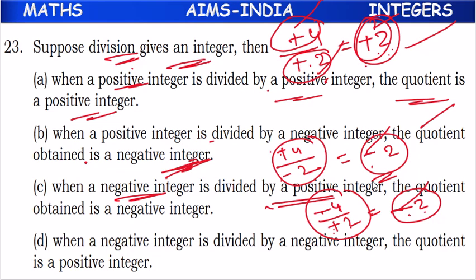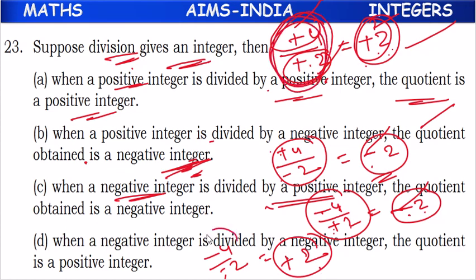Whereas if we have a negative integer by a negative integer, the negatives cancel and the result will become positive. So during division, if the same sign is there, it will become a positive integer. If the numerator and denominator have different signs, the result will be negative.